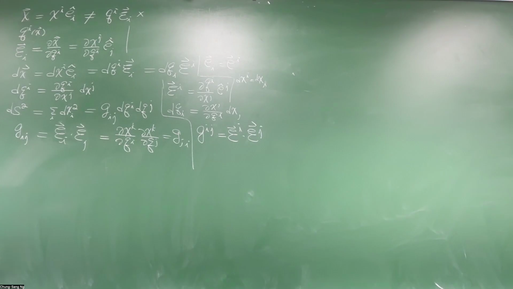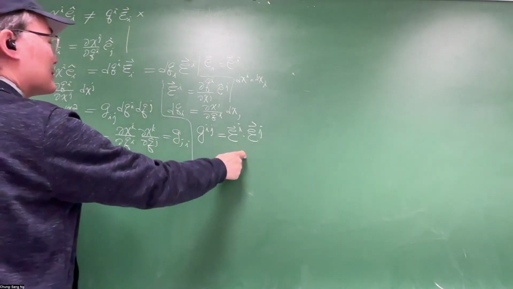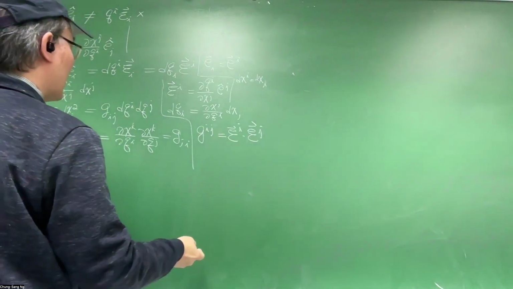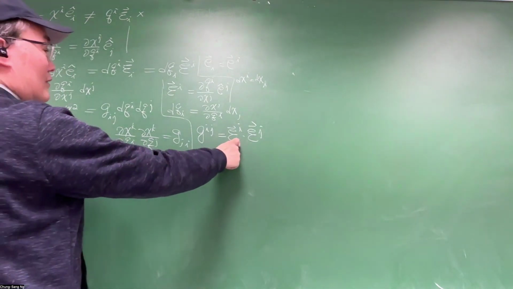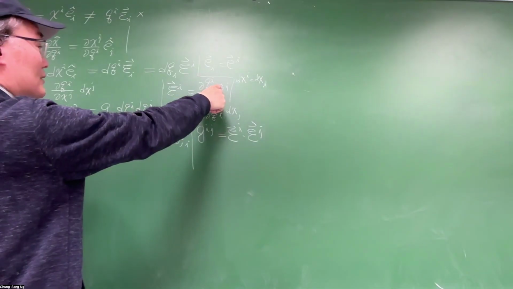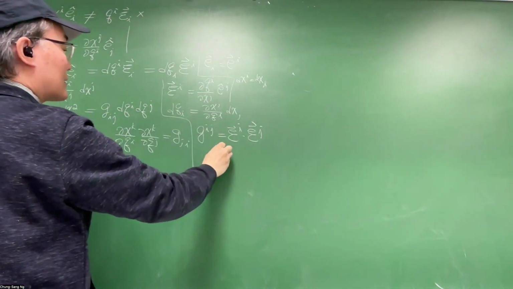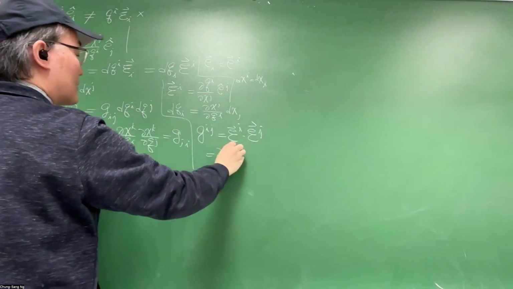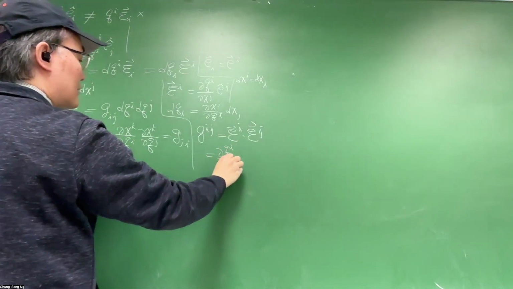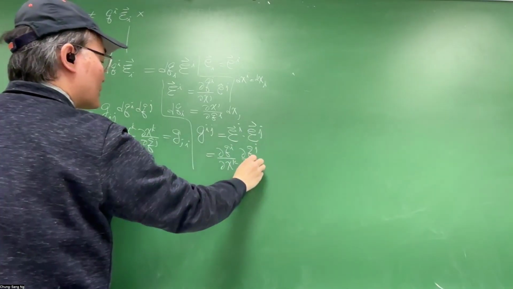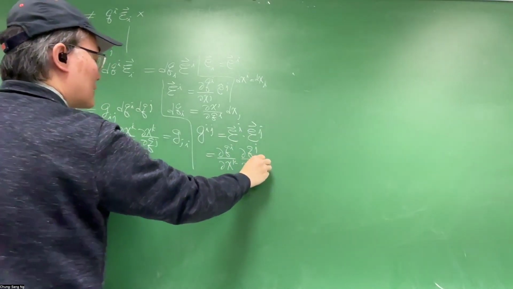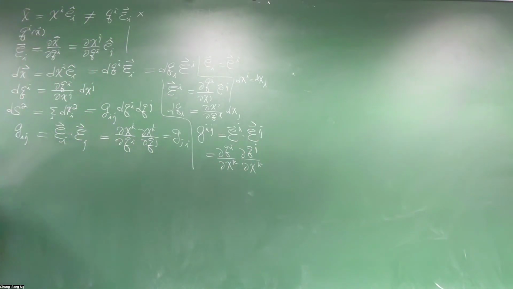Okay, that is the definition. So again, after you substitute this into here, you can write it like partial I partial xj, partial j partial xj, sum over k, right?